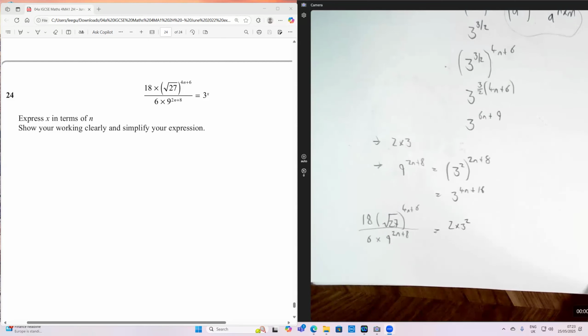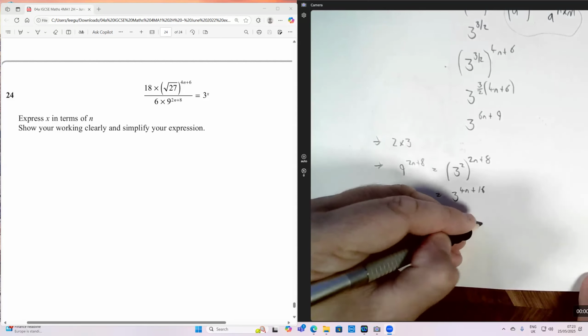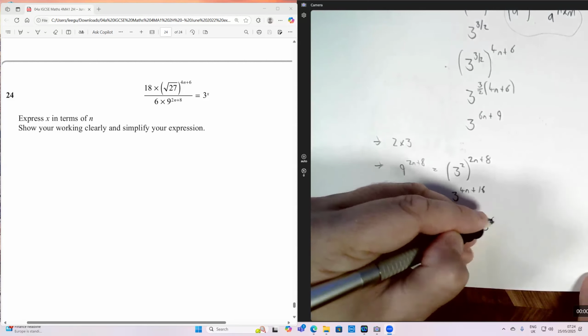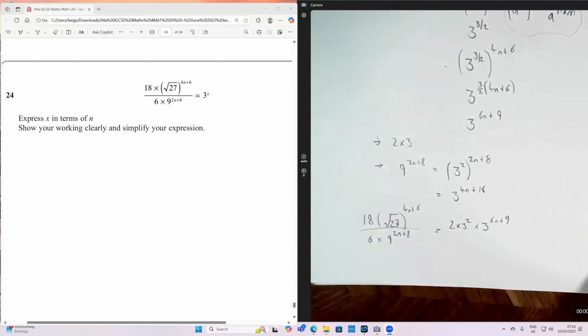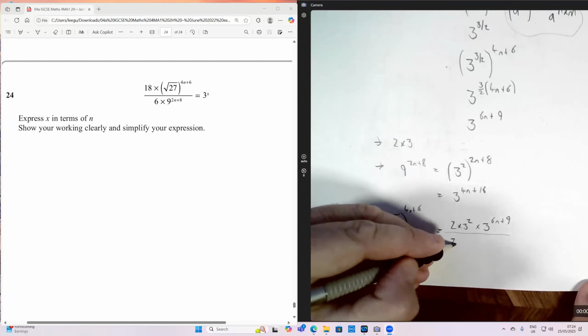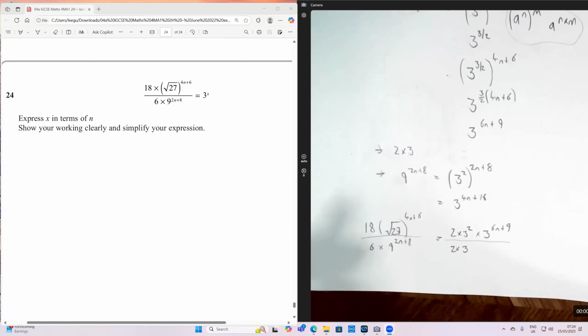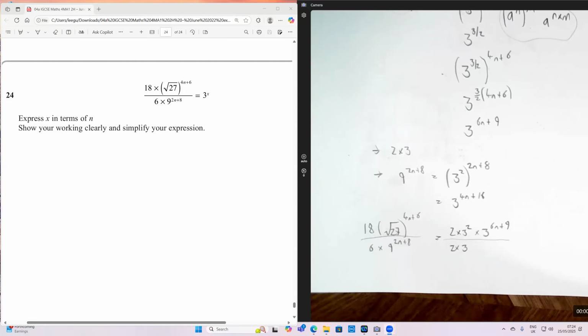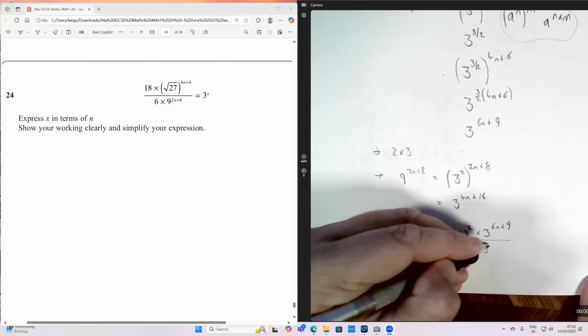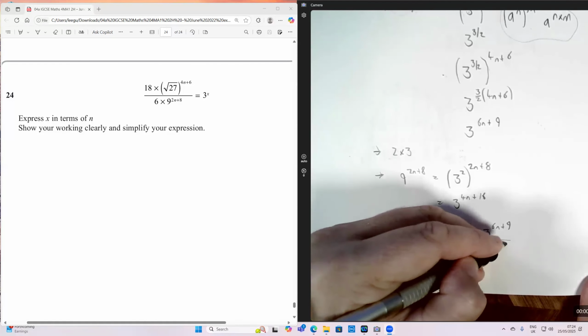The root 27 to the 4n add 6 we said was the same as 3 to the 6n add 9. In the denominator, we said that the 6 was just 2 times 3. And the 9 to the power of 2n add 8 we said was the same as 3 to the 4n add 16.